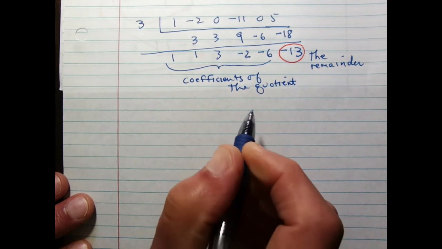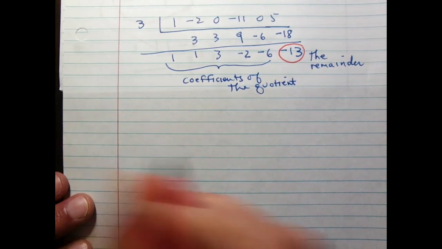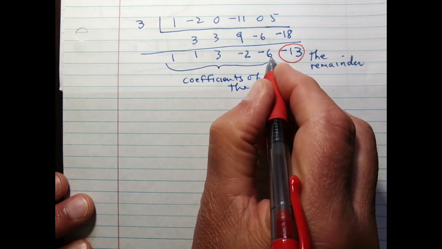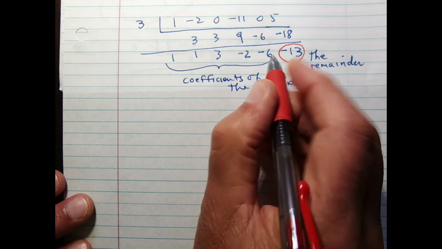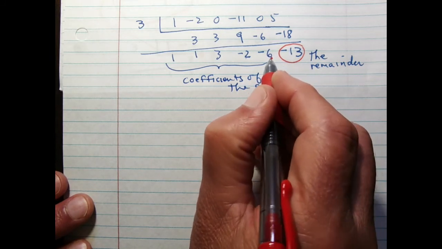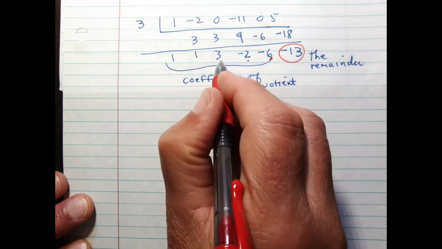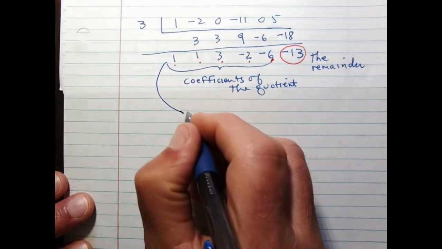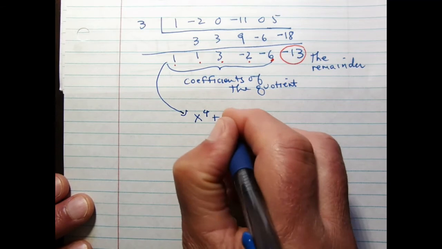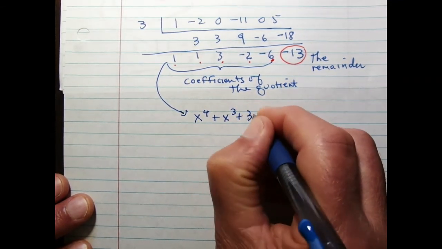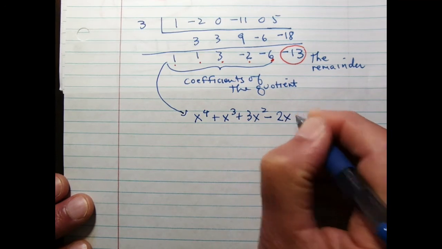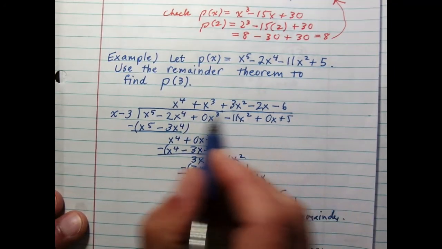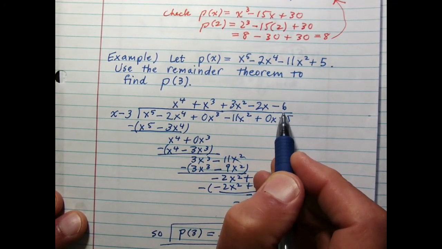And what you have to do is start with the constant term and work your way backwards to figure out the degree. So this is a constant term, x to the first, x to the second, x to the third, x to the fourth. So my quotient here is x to the fourth plus x cubed plus 3x squared minus 2x minus 6, which should match up with the quotient from my long division problem.